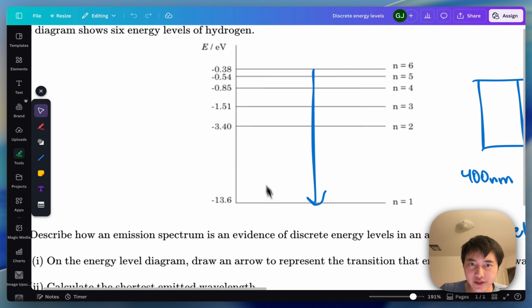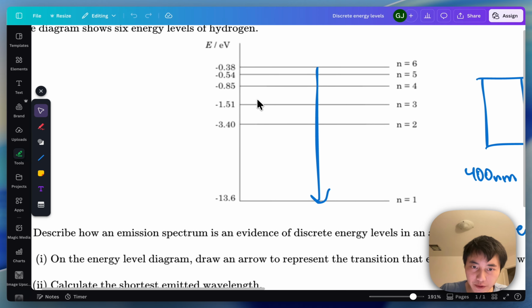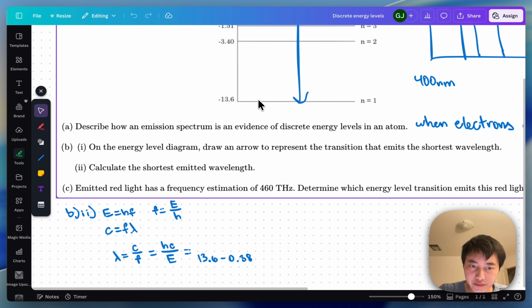This is also in eV, not in joules, so we also need to convert that. It's 13.6 minus 0.38.